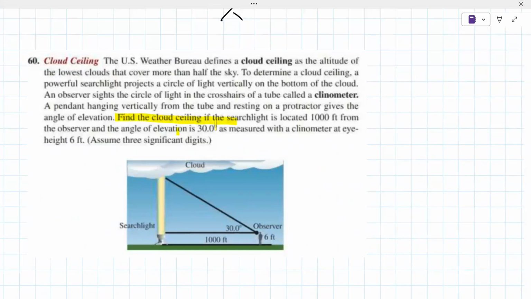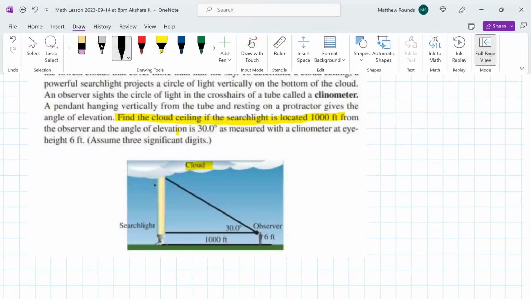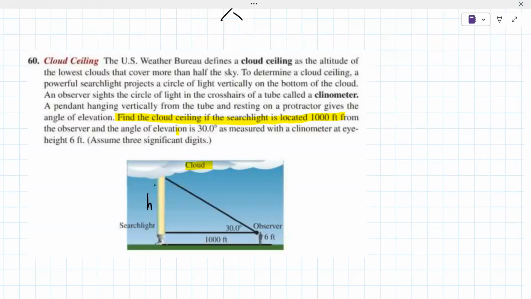I need to find the cloud ceiling, which is basically how high the clouds are from the ground. So like there's a lot of words to then basically tell you you're finding the height of this, but you can read them if you would like. But they're typically asking you to solve for a side or an angle in the triangle. So don't overthink it. It's either a side or an angle.